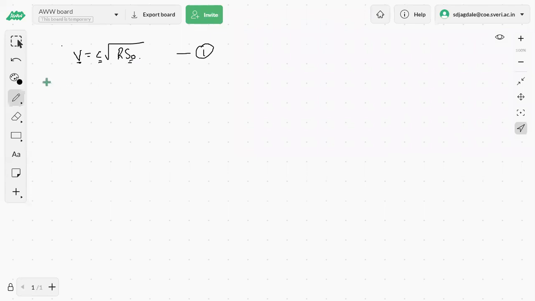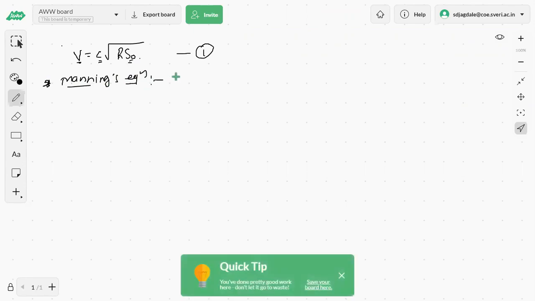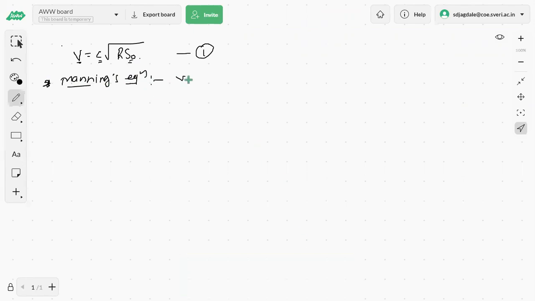Now we'll go for the next governing equation, that is Manning's equation for the steady uniform flow. Manning correlated the average velocity of the flow as V, the hydraulic radius of the channel section as R, the channel bottom slope as S naught, and the roughness coefficient of the channel, which he called small n, also called the rugosity coefficient or roughness coefficient.